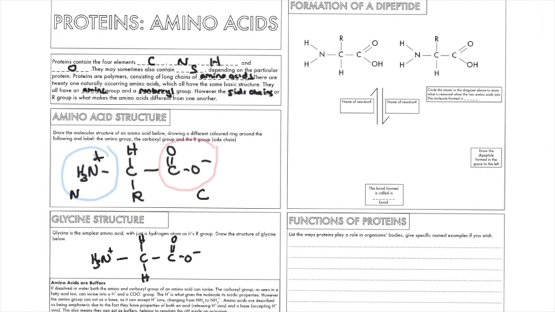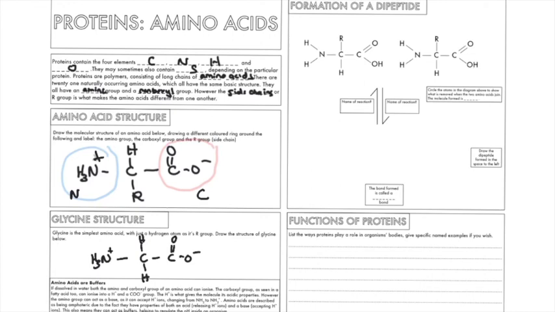Amino acids are buffers. If dissolved in water, both the amino and the carboxyl group of an amino acid can ionize. The carboxyl group, as seen in a fatty acid too, can ionize into a proton and a carboxylate group, and the proton is what gives the molecule its acidic properties.